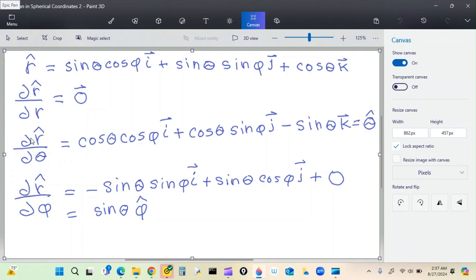Now the partial of r, notice we're taking the partial of an operator that's already the first derivative. So that's cosine theta, cosine phi. Let's walk through that one first. Sine theta becomes cosine theta.